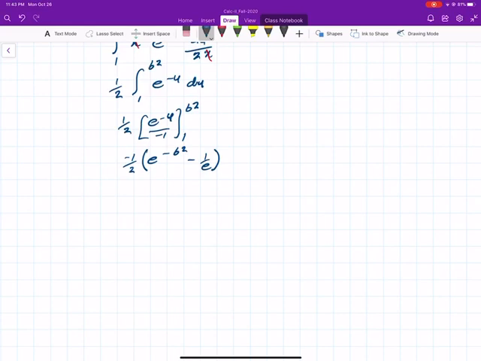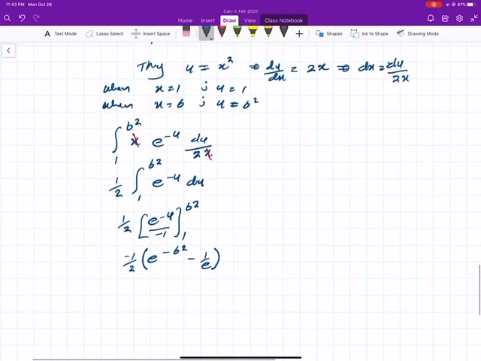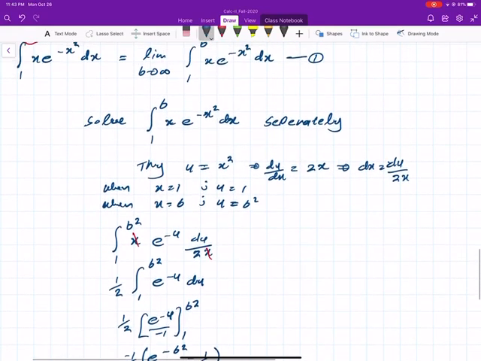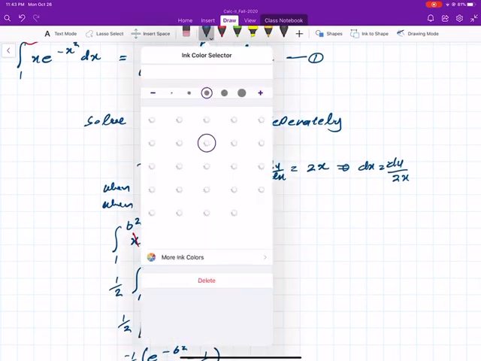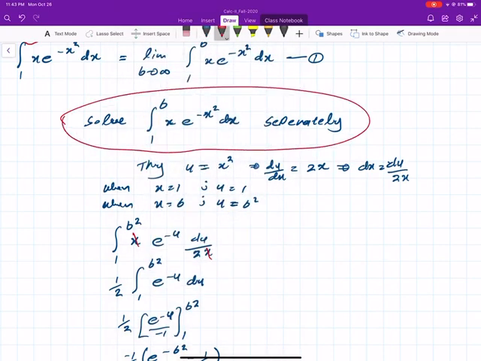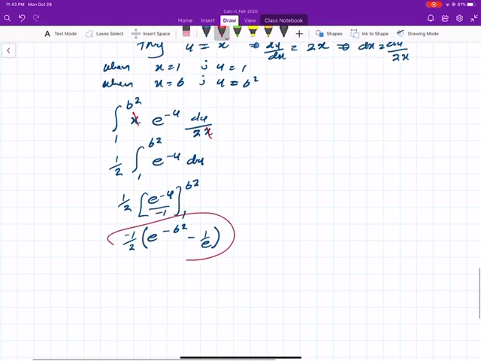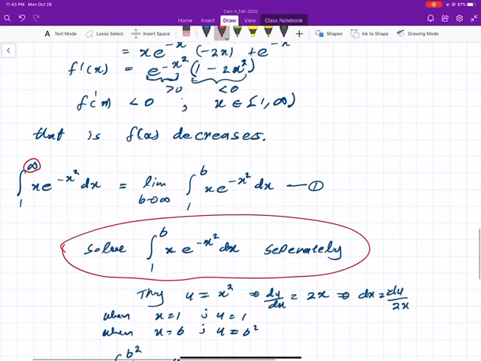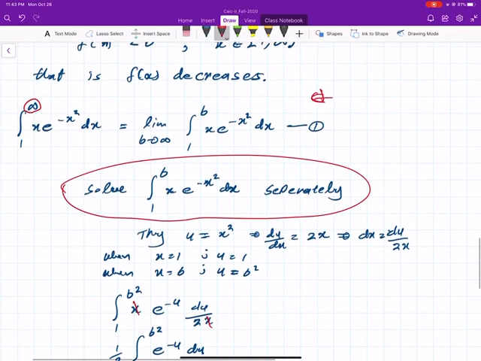This is what you get once you solve this sub problem. Then you can substitute this answer into equation number 1.